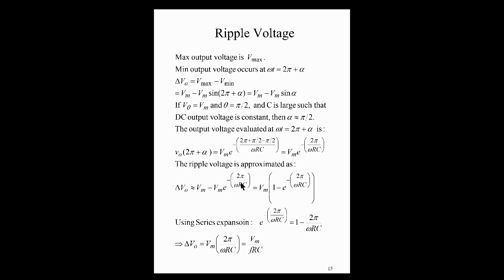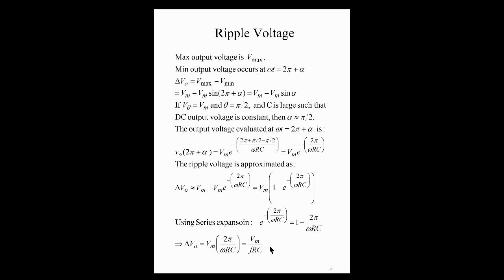When that is settled, this is the expression that you have resulted, and you could do some kind of series expansion, the Taylor series, expand this, and when the dust is settled, the ripple is just the peak voltage divided by the frequency multiplied by the resistance and the capacitor, right?